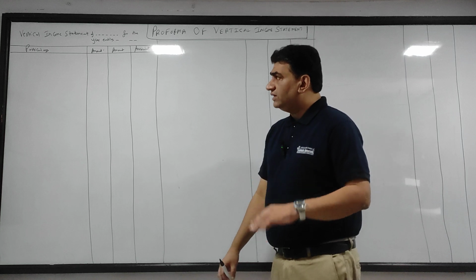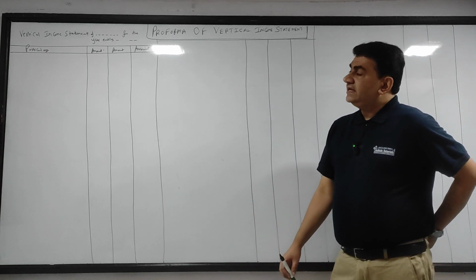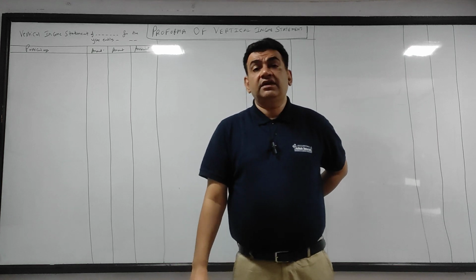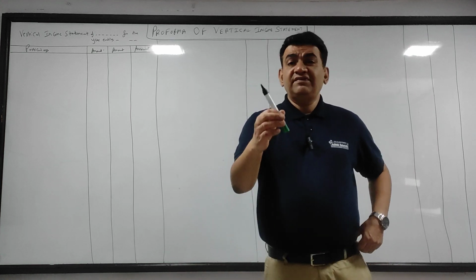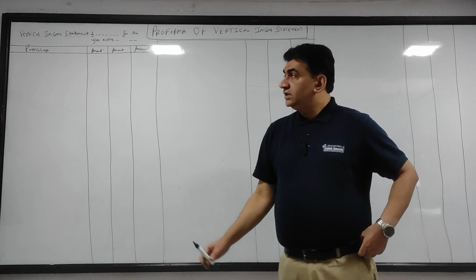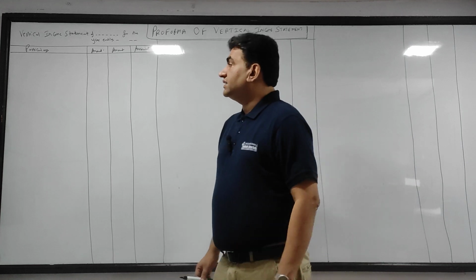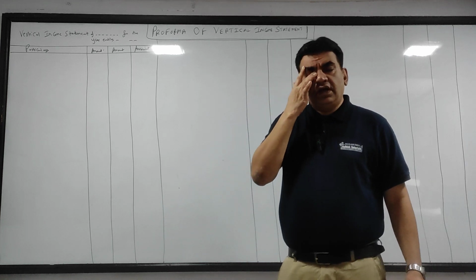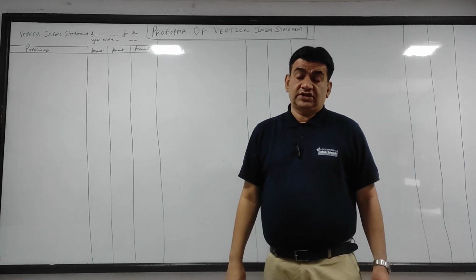Now see, when I say income statement, as I told you, it is conversion of trading P&L into vertical format. You have done NPO also in SYGC, but as far as your syllabus is concerned here, it is income statement of a trader or a manufacturer.